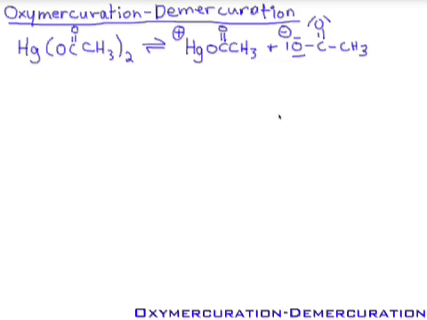Now, the first step, oxymercuration as it's called. So let's remove the demercuration part from the title, because that's the overall name of the mechanism. This is step 1. And the first part, of course, so let's put a little 1 here.